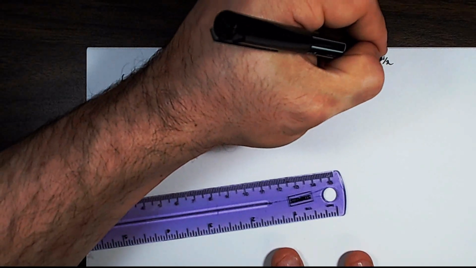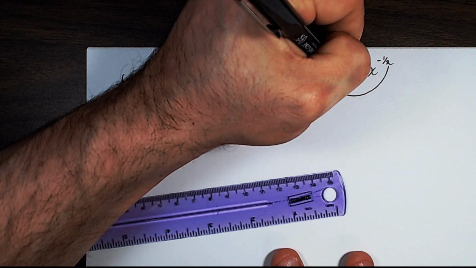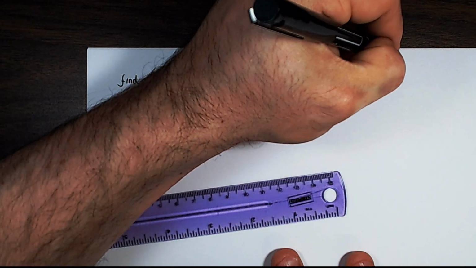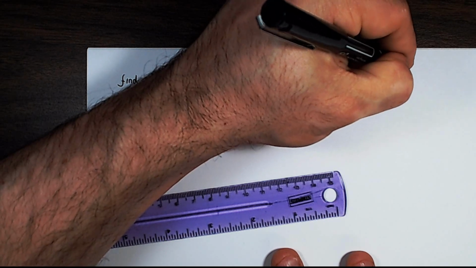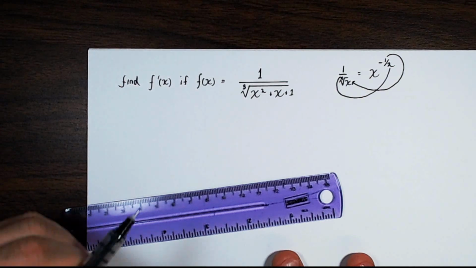So this denominator refers to the fact that we're taking the square root, and this is the exponent associated with the x, so it's x raised to the first power.